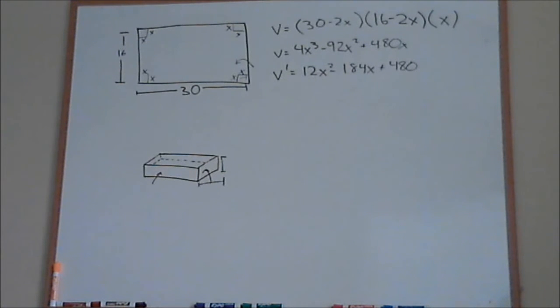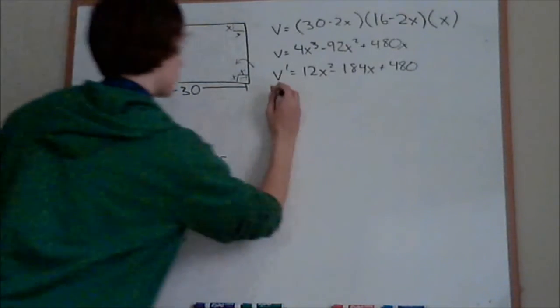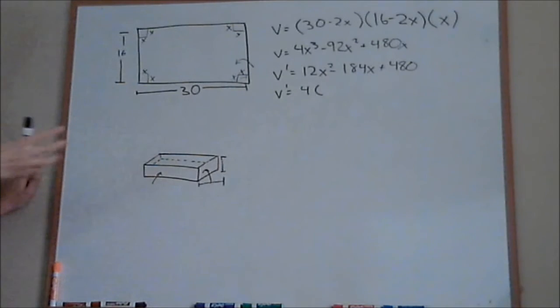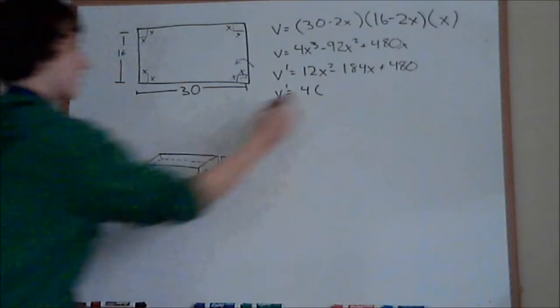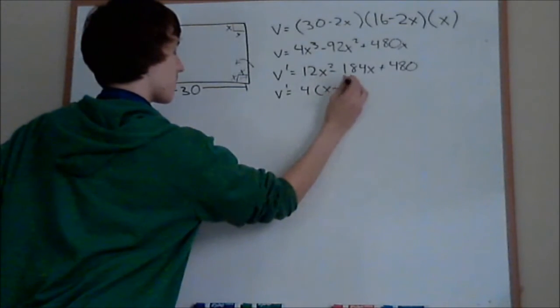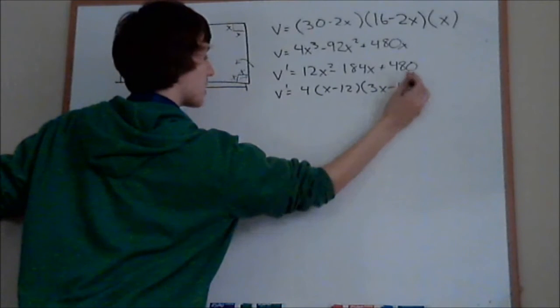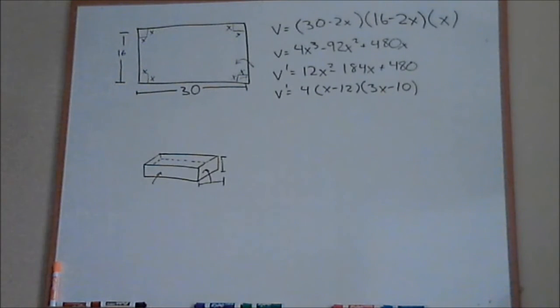If we pull a 4 out, we will get 4 times x minus 12 times 3x minus 10. Okay, so now we're up to a farther point.